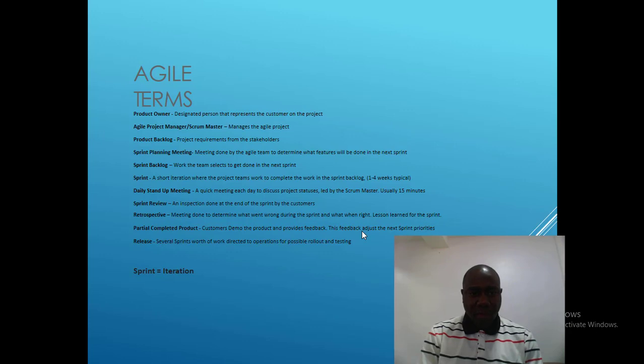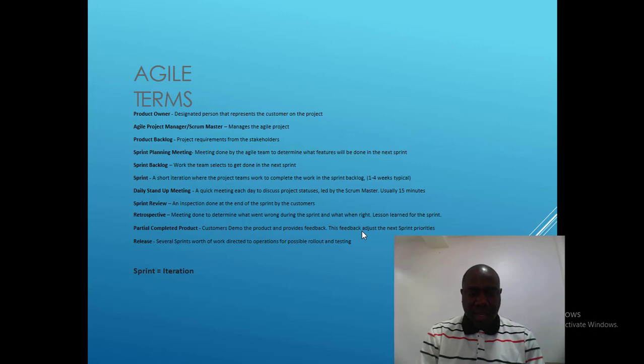A sprint review is an inspection done at the end of each sprint by the customer. When a sprint is completed, it is expected that customers inspect what has been done and give feedback. Retrospective is a meeting done to determine what went wrong during the sprint and what went right, and the lessons learned from the sprint.